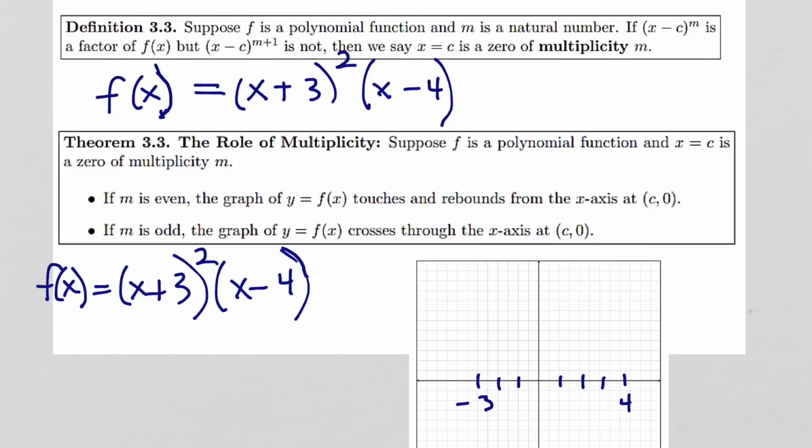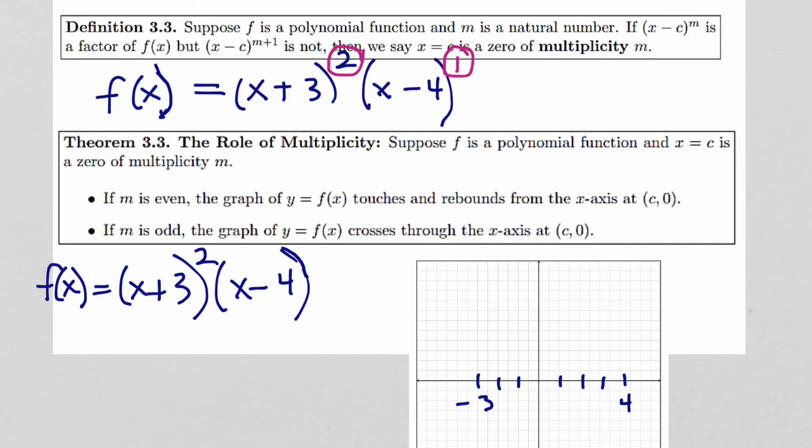So we're going to talk about the idea of multiplicity in as simple terms as possible. Multiplicity refers to the exponent on the factor. If it's not showing, then it's understood to be a 1. Okay, so we look at the 0 of the factor.